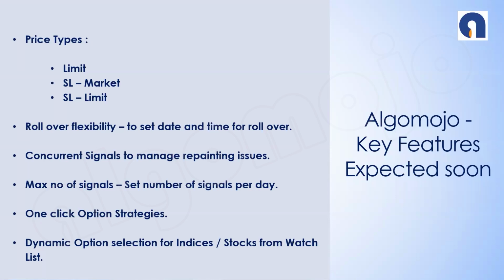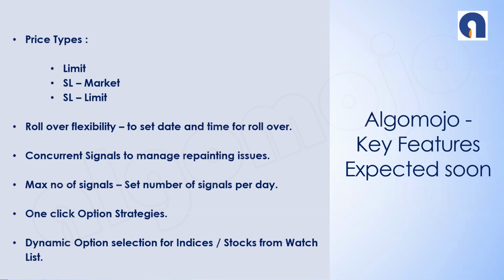For option strategies, currently what is happening is each of the legs need to be defined individually and they can be executed on a single signal coming from your chart. However, to help the users, we will have a facility. Suppose say if you say Iron Condor, whatever legs are there as per the definition of Iron Condor, all of them will be readily available, and you can configure it in such a manner that it gets executed whenever there's a signal received.